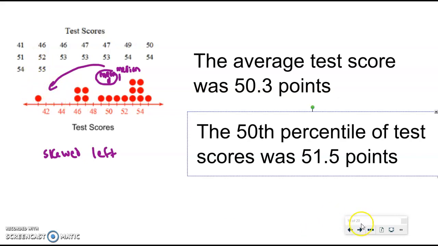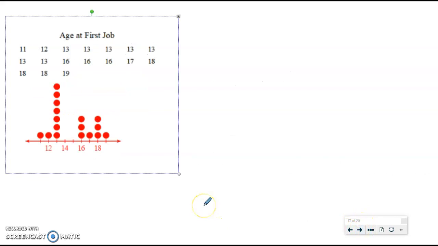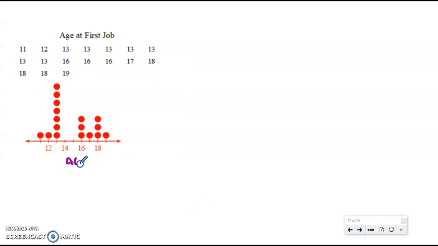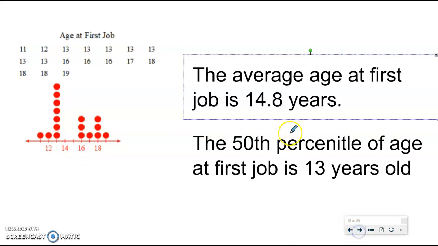Now let's look at that final set of data, the age at first job. When I look at that mean, I got 14.8 years. So 14.8 is about right here. That's your mean. I'm going to label it as x bar, except this is just a sample.